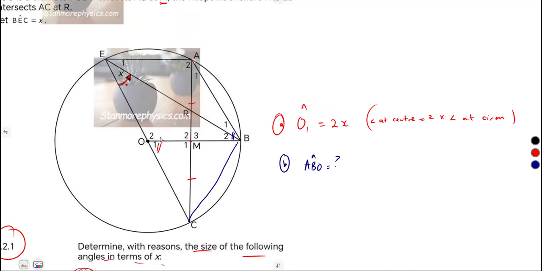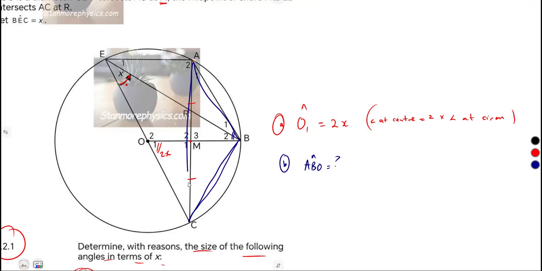Remember, from the diameter concept, this is 2x. And what we can simply do is that from O to B, we need A, B, O, this other one. All right, so guys, I was focusing on this one, of which it was still going to help us to find what we want. But anyways, there are angles that we can obtain from the chord BC.